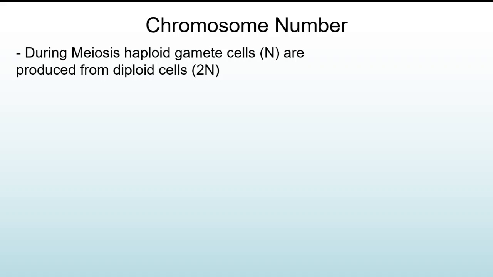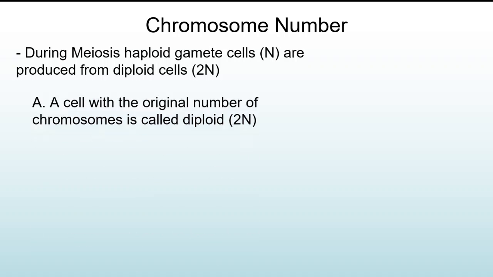But our gametes, our sperm and eggs, are haploid, so they're half. Remember, in humans it goes from 46 to 23. All those diploid cells have 46 chromosomes, but our haploid cells are half, so they have 23 chromosomes. We'll talk about why it is really important that this happens.